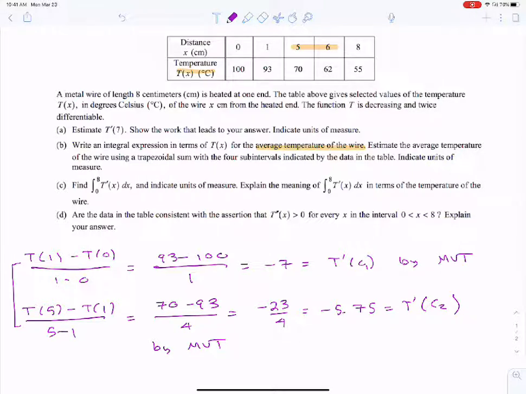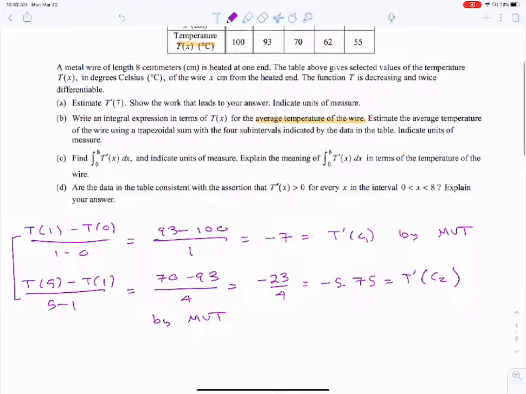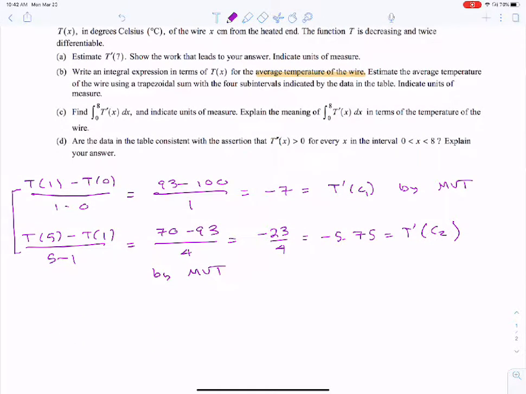Again, I don't know exactly what those c values are, but I know they have to exist. Okay? So now let's just look for a second. This may seem a little weird, but let's take T prime of that c2 value and subtract it from T prime of that c1 value.